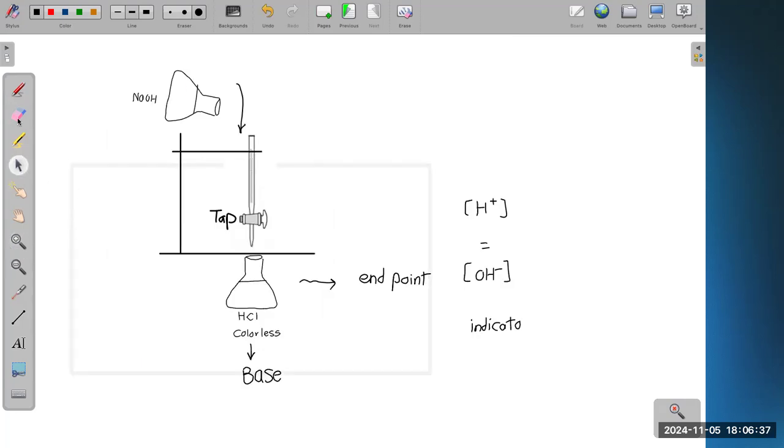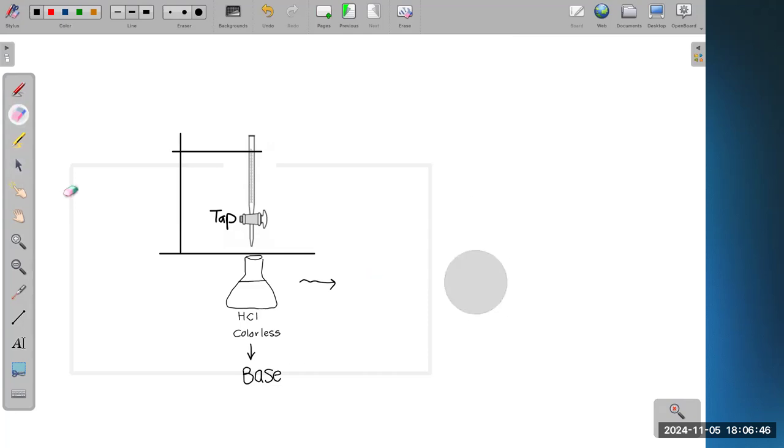I filled it with the sodium hydroxide. So I'm still here at acidic point. So at the beginning I'm acidic.